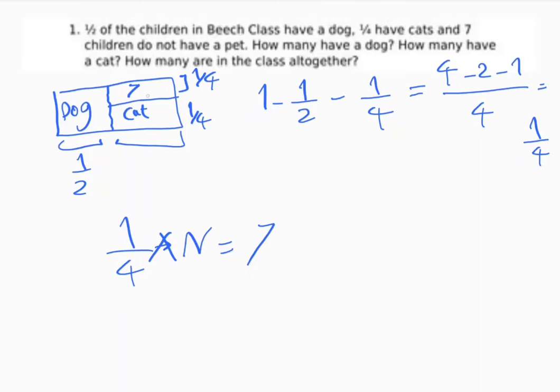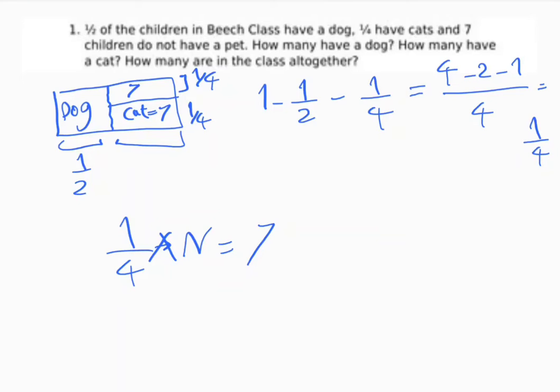So 7 students don't have a pet, a quarter of the students is 7. With the same logic, a quarter of them have a cat, so here also needs to be 7.